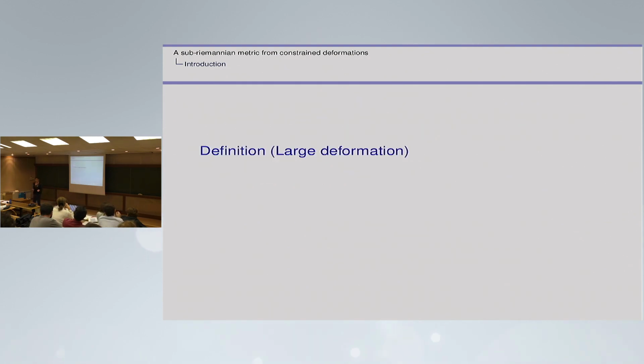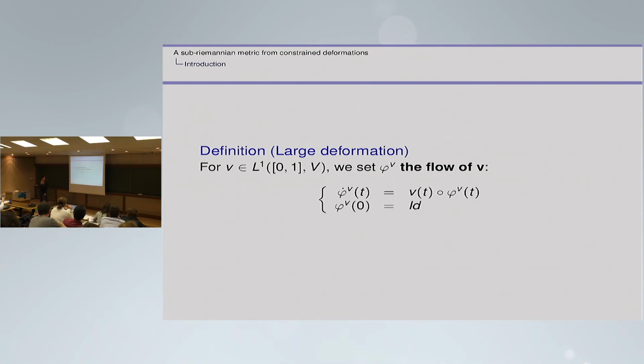The trajectories that we'll consider are what we call large deformations, which are defined as flows of time-varying vector fields. Given a nice set of vector fields, which we'll not specify here, we'll consider trajectories of diffeomorphisms starting at the identity and satisfying this temporal differential equation. Then you can show, under some assumptions, that this is a diffeomorphism, and this is what we will call a large deformation. It's going to be the final diffeomorphism.